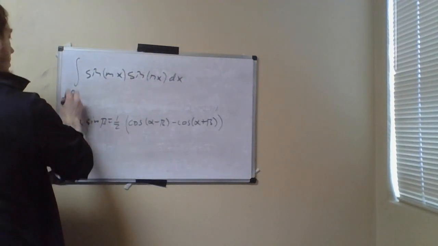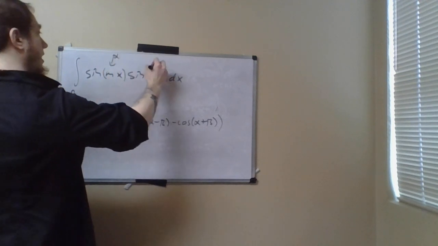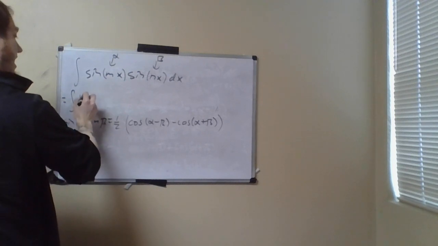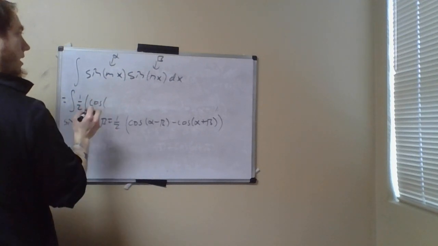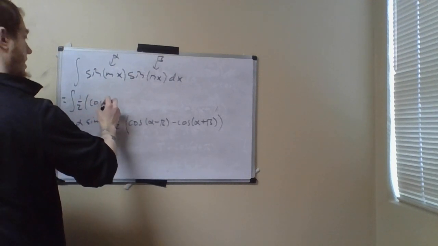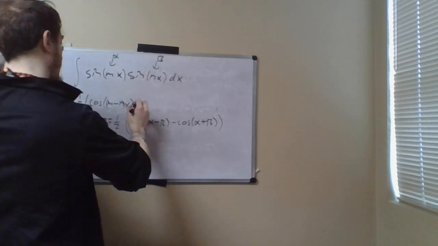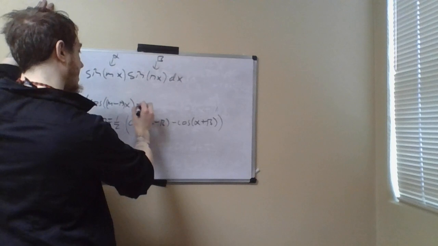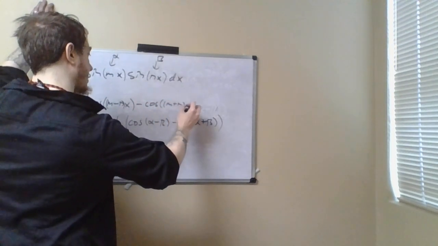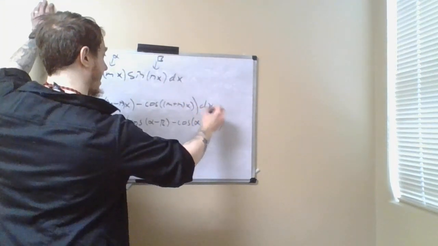This is going to be, therefore, the integral of, now in this case, this is my alpha, and this is my beta. So we're going to do the integral of 1/2 cosine of, let's see, alpha minus beta, so that's going to be m minus n times x, and then we're going to have minus cosine of m plus n times x, and then we're going to have dx.